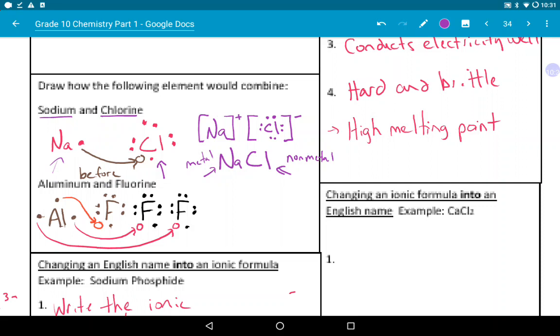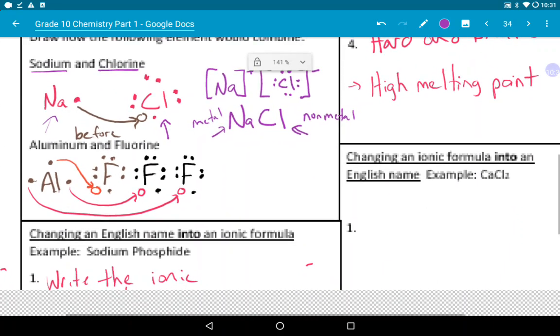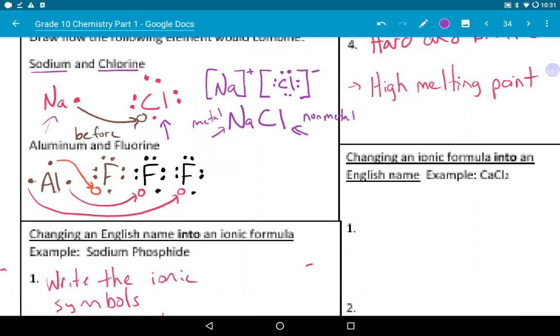Okay. Now let's look at a second one: aluminum and fluorine. Aluminum has 3 electrons to give away, and fluorine only has 1 spot open per atom. If you have a whole bunch of aluminum and fluorine mixed together, they'll combine in certain ratios. The ratio is going to be 1 aluminum for 3 fluorine, because each of the aluminum's electrons will move to a different fluorine atom.